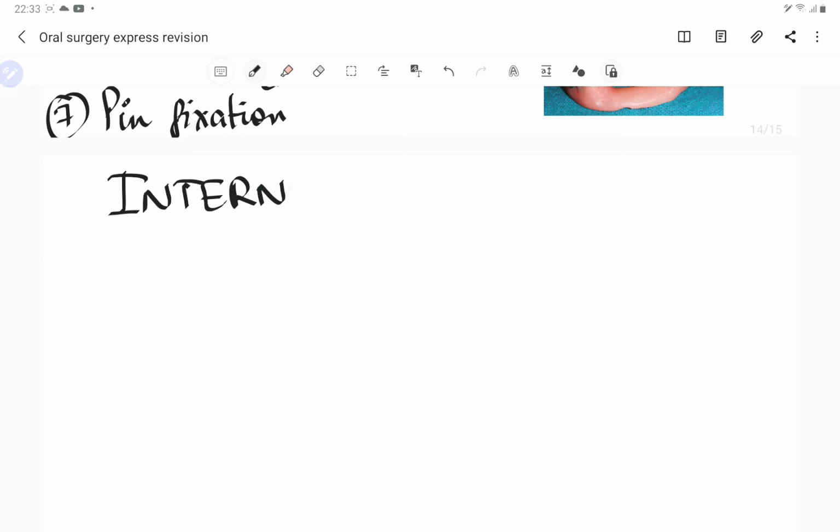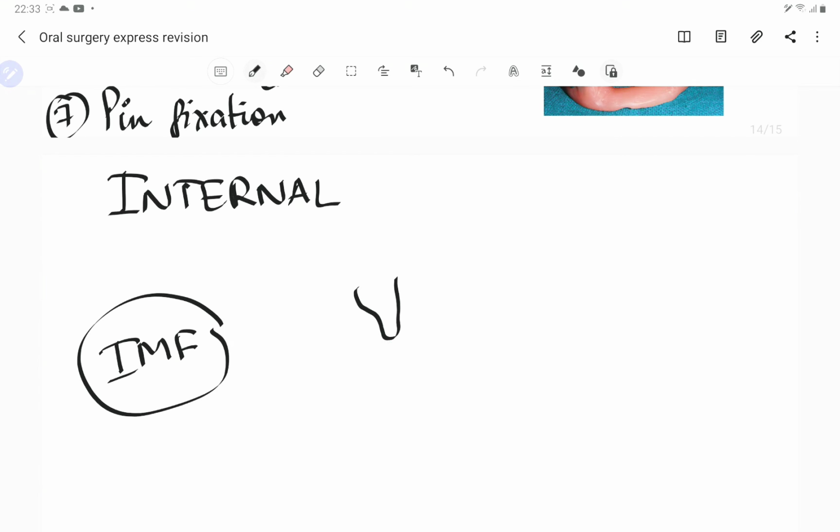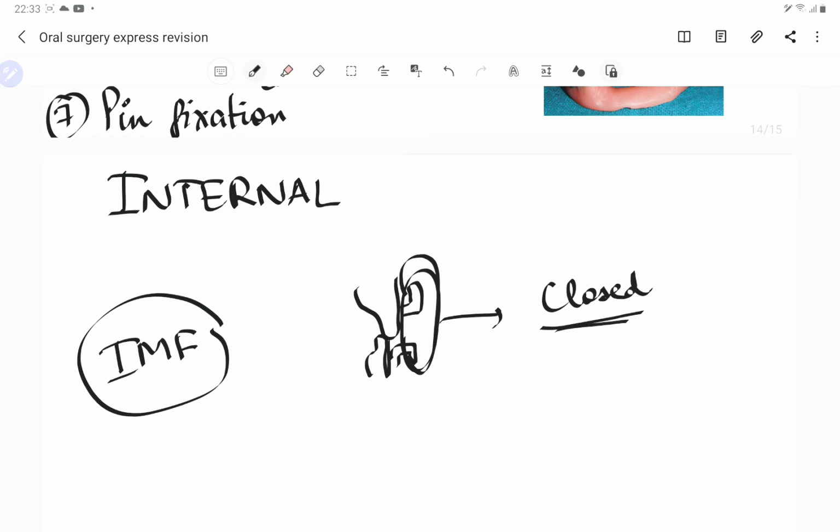See guys, we have studied in the previous part the intermaxillary fixation, that means bringing the maxillary and the mandibular teeth in close contact and then keeping them like that. This is what we do when we are doing the closed reduction. That means when we are not going for a surgery, we are fixing the maxilla and the mandible together.